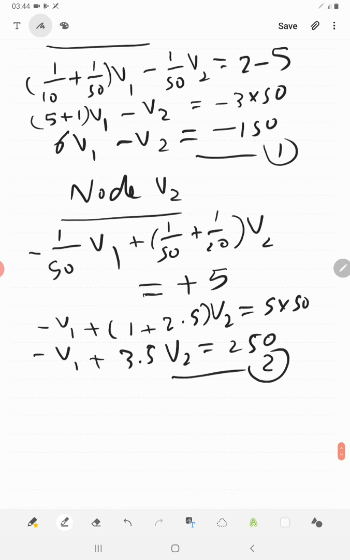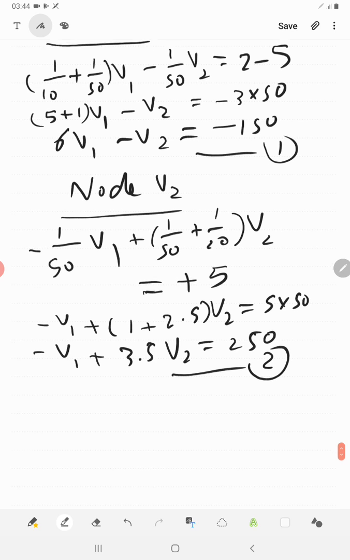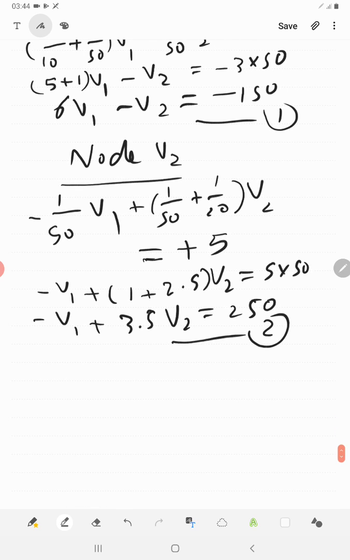So simply we can solve equations 1 and 2 to determine V1 and V2. Okay, I will leave that to you.